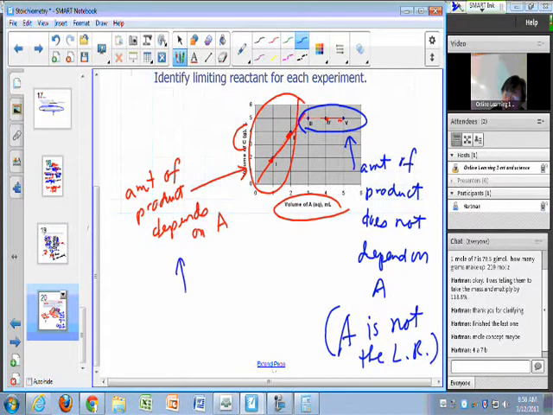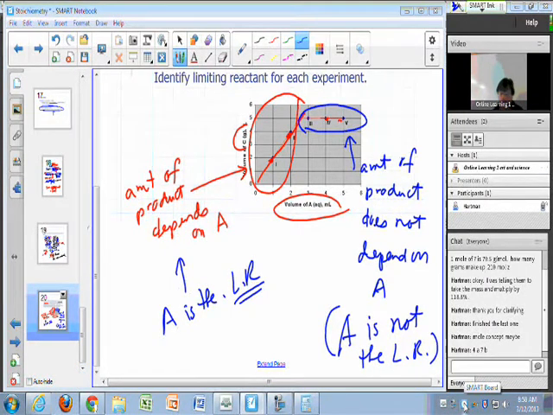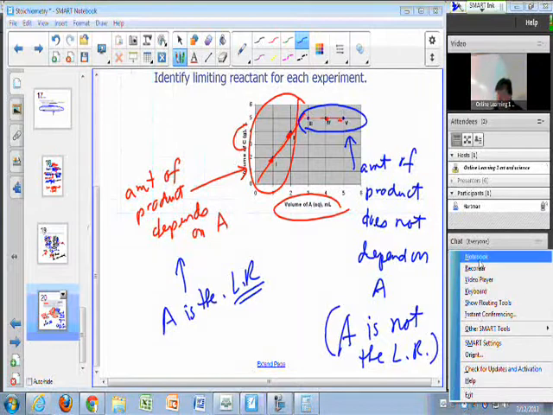Whereas here, A is the limiting reactant. Remember, we said the limiting reactant is the reactant that controls how much product you can make. It puts a limit on the amount of product you can make. Okay, so that's the end for stoichiometry. So let me stop recording.